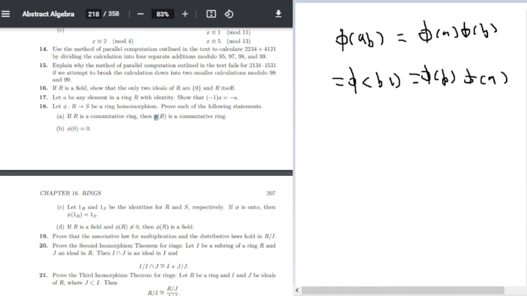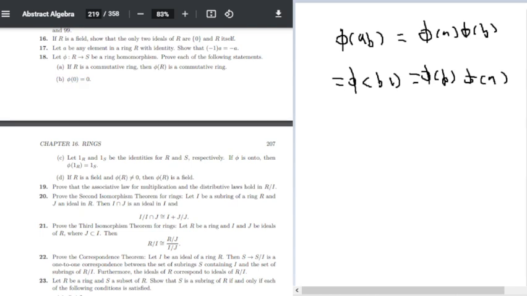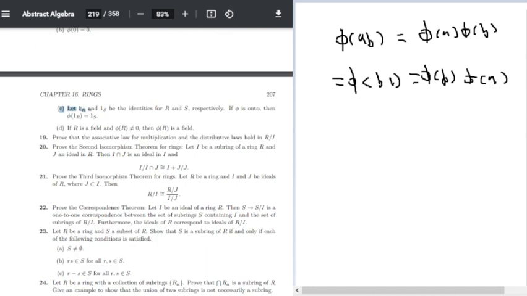Alright, so phi of 0 is equal to 0. This is just a normal group, the fact that it's a group homomorphism thing. Let those be the identities.